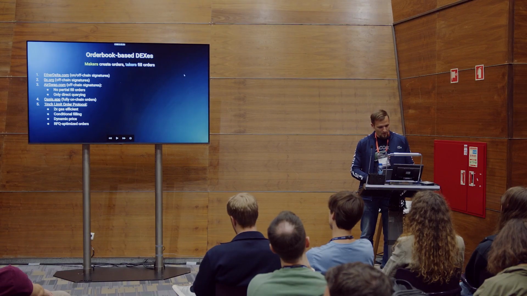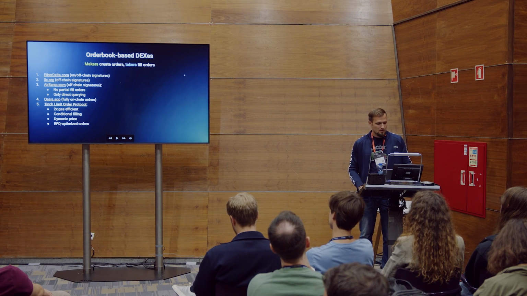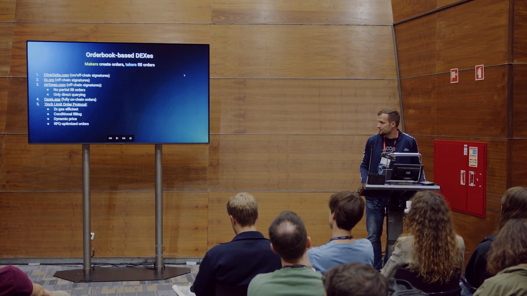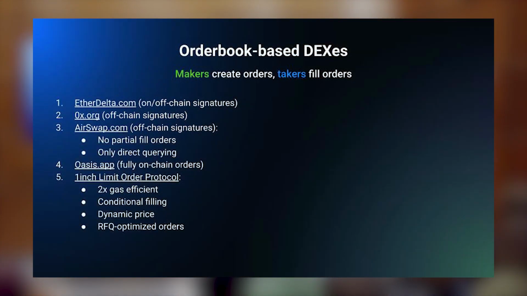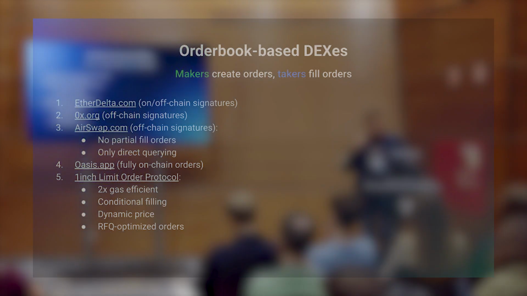They need some extra data, like digital signatures or some kind of proof. Historically, one of the first DEXs on the Ethereum blockchain were EtherDelta, ZeroX, AirSwap, Oasis, and finally the 1inch limit order protocol, which was introduced 1 year ago.